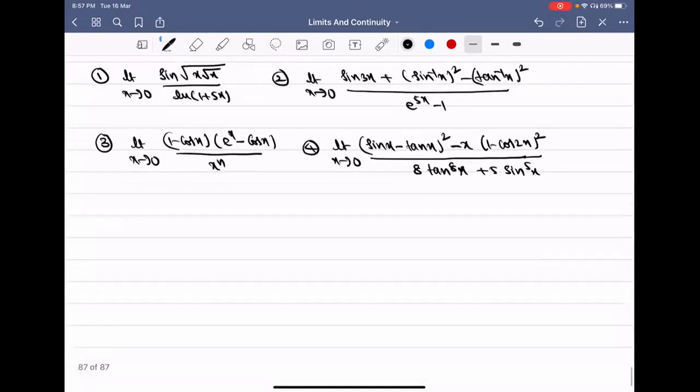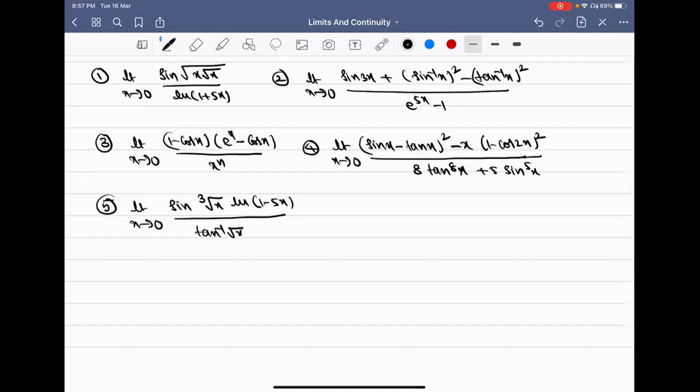Question number 5: limit x tends to 0, sin cube root of x into ln of 1 minus 5x over tan inverse root x square into e power cube root of x minus 1.